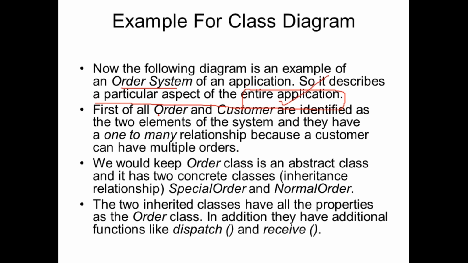First of all, orders and customers are identified as two elements of the system, and they have a one-to-many relationship because a customer can have multiple orders. The relationship between the customer and the order is 1:n. We keep the order class as an abstract class, and it has two concrete classes: special order and normal order.